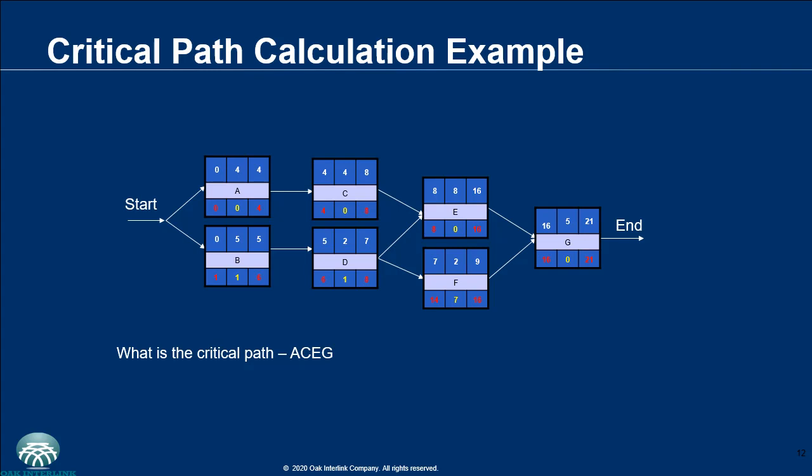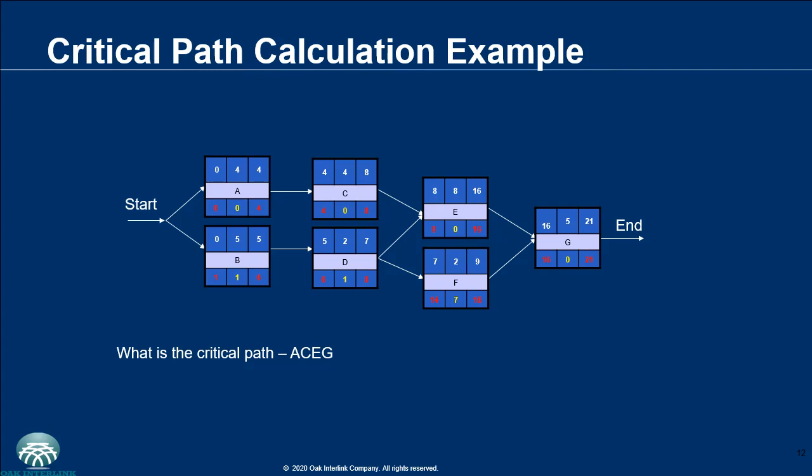The same way, if you look at B, late start is 1, early start is 0, late finish is 6, early finish is 5, and that gives you 1 when you do the subtraction. So you have 1 in yellow.